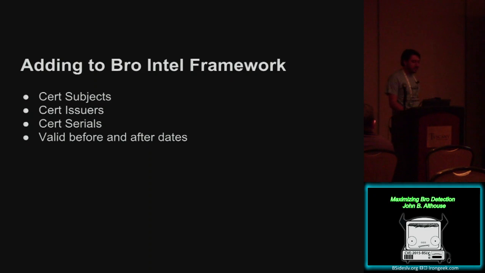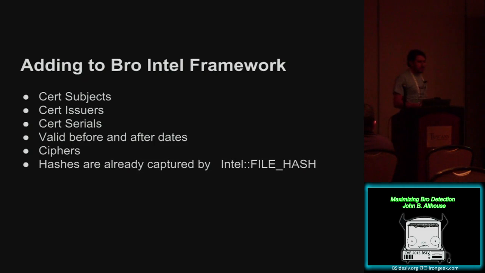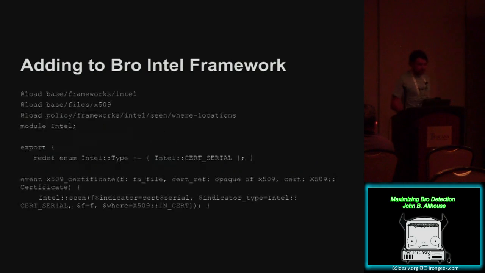That would be pretty good. And then ciphers could be useful for, let's say you just want to find out if you have weak ciphers running at any point on your network. You could add that to the Intel framework. And then, of course, the SSL cert hash is already being hashed by Intel file hash, so you can already detect, without making any modifications, all cert hashes.